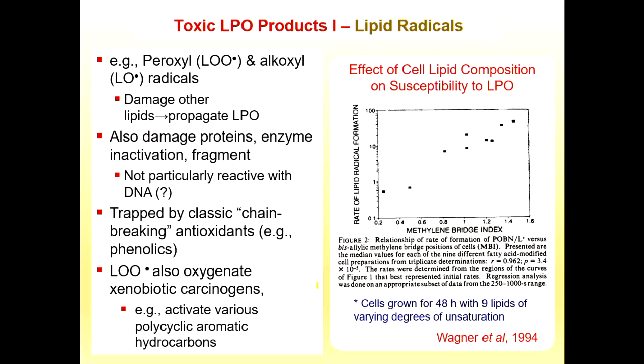I won't go into this in too much detail, but this paper looked at the yield of lipid radicals in actual cells, and they showed that if you pre-treated cultured cells with different types of fatty acids and made the cells richer and richer in polyunsaturated fatty acids, which you can measure by reporting what you call the methylene bridge index, there's a clear relationship between how many polyunsaturated fatty acids are in a cell and the rate of lipid radical formation.